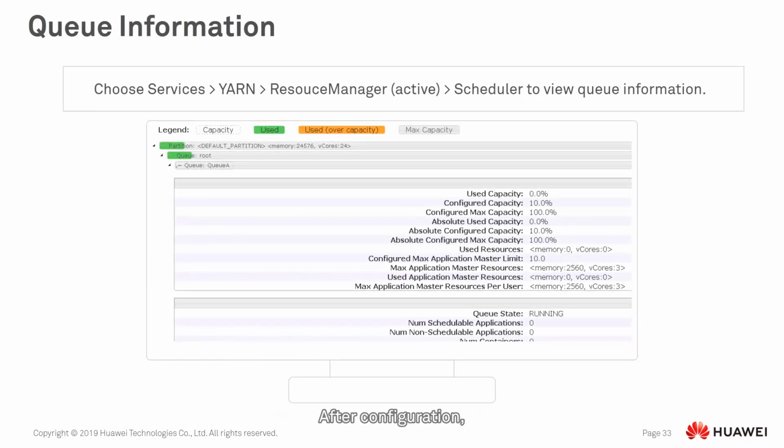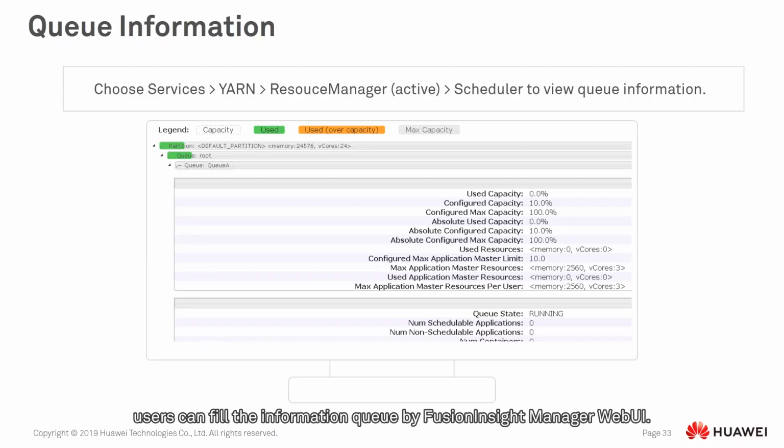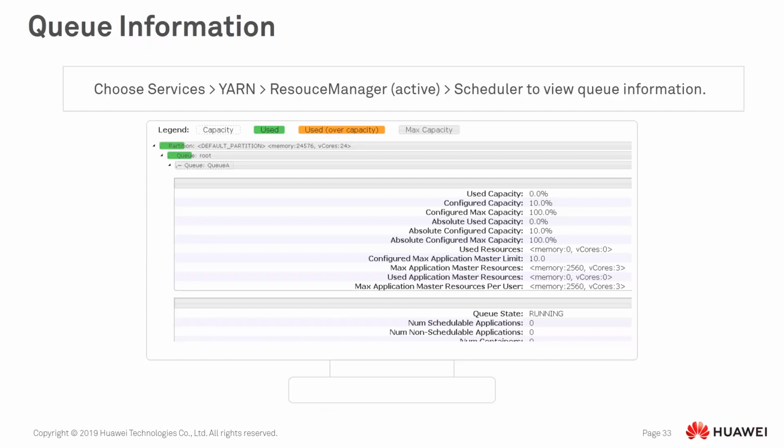After configuration, users can view the queue information by the Fusion Insight Manager Web UI. This figure shows the information of QA, including used capacity, configured capacity, and so on.